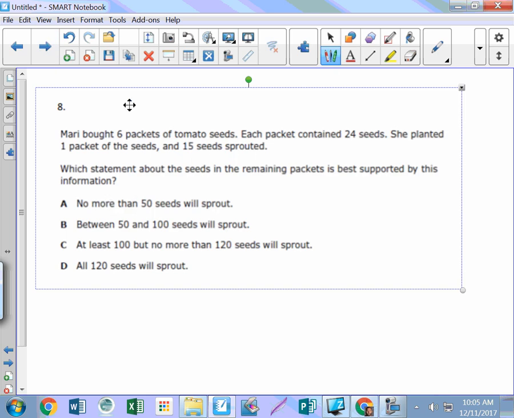8. Mary bought 6 packets of tomato seeds. Each packet contained 24 seeds. She planted one packet of the seeds, and 15 seeds sprouted. Which statement about the seeds' remaining packets is supported by this information? So, bought 6 packets, tomatoes. Each packet had 24 seeds. She planted one packet, and 15 seeds sprouted. So, 15 out of the 24 seeds sprouted.